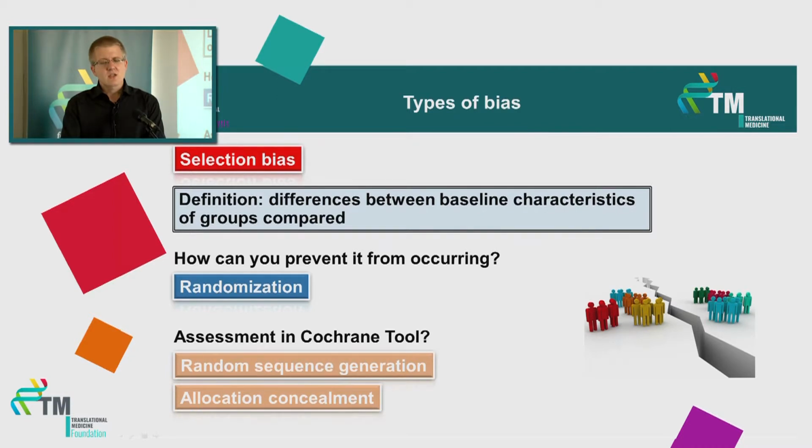Sometimes the investigators want to know to which group a patient will be allocated. And this gives a chance for prediction, which may bias the allocation. If I know which intervention a patient will receive before I incorporate him into the study, it will bias me when I decide whether the patient is eligible for inclusion or not. Let me tell you an easy example.